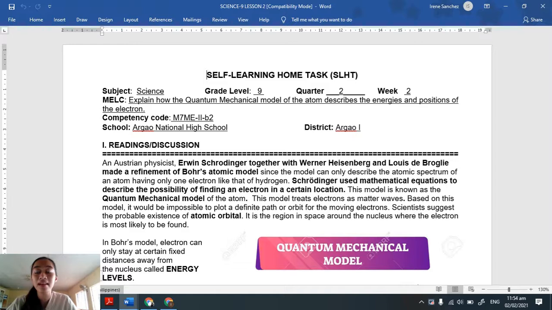Last SLHT, you learned how to distribute electrons around the nucleus of an atom. To review, inside an atom we have the nucleus in the middle, and inside the nucleus are the protons, which are positively charged, and around it are the electrons that surround.